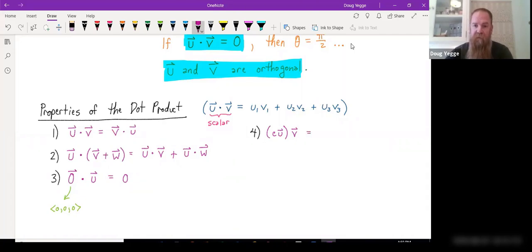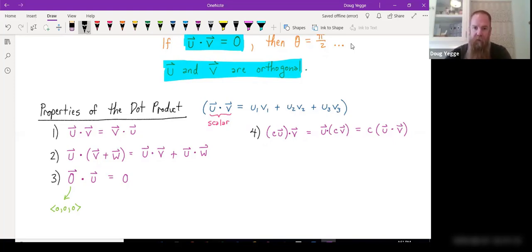Either way, because dot products of vectors are commutative, I could think of this as vector u times c times vector v, or just pull the c out and recognize that it's c times the dot product between u and v. All right, and I guess I should probably put a dot between these as well, just to demonstrate that it is still a dot product. Whenever you're multiplying two vectors, it doesn't make sense to just multiply vectors. So that's why we always put a dot to demonstrate that it is in fact a dot product.